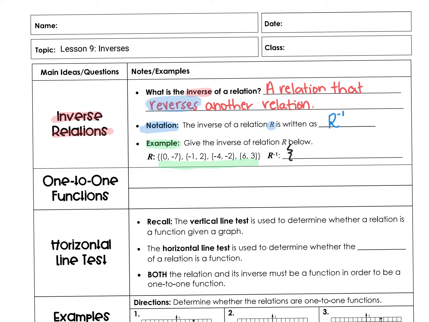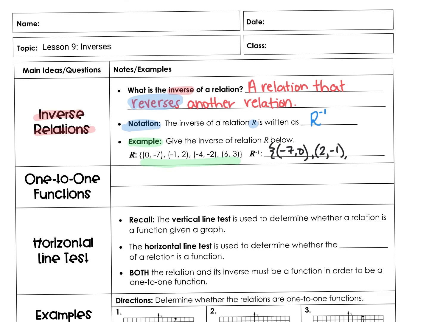So my inverse relation is going to be, instead of 0, -7, I'm going to switch the x and y, and it's going to be -7, 0. -1, 2, switch the x and y, is going to be 2, -1. -4, -2, switch the x and y, -2, -4. 6, 3, switch the x and y, whoops, and I'm going to get 3, 6. So if you're given ordered pairs like this, all you have to do is switch the x and the y values.